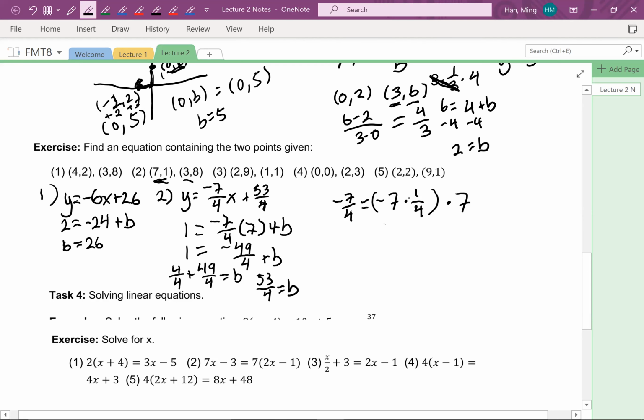But since this is multiplication and not addition, we only need to multiply 7 to one of the values. If you multiply these two together, it's still just this one value. So we could do negative 7 times 7 over 4, or we could do negative 49 times 1 over 4. We only need to multiply it onto one of those values to get the answer. Okay, thanks. Yeah, no problem.